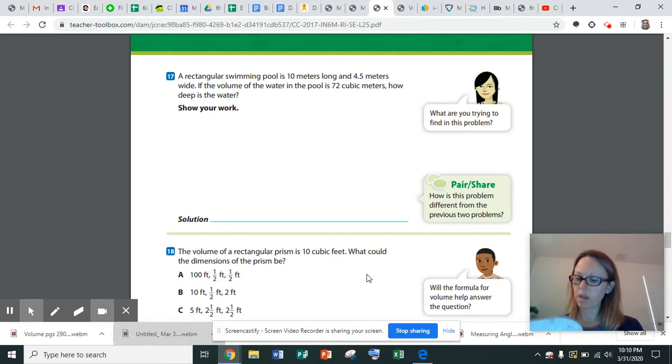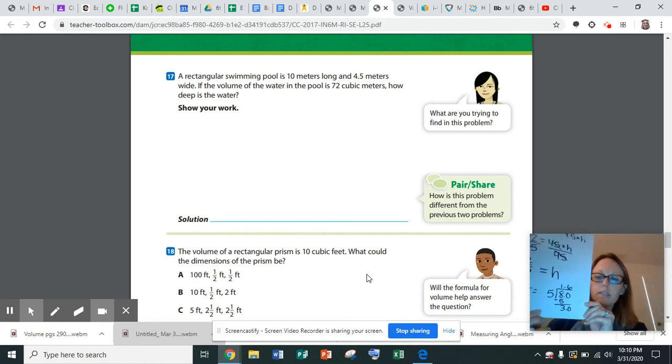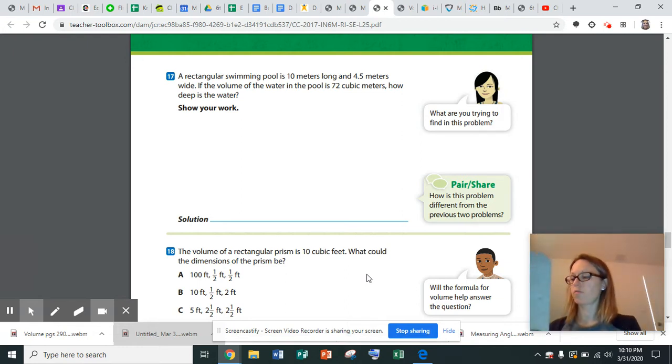Five can go into 8 one time, and it would be 1.6. Those are your two choices for your answer for number 17.